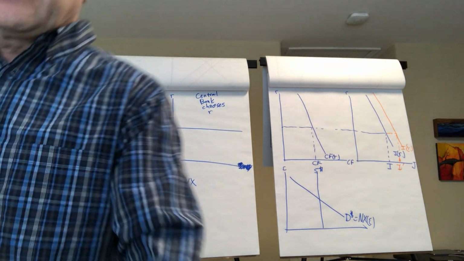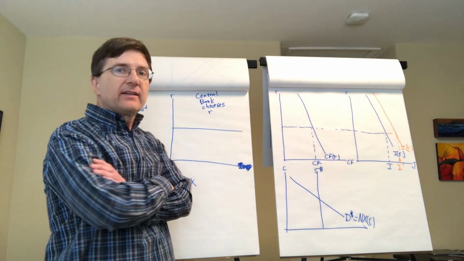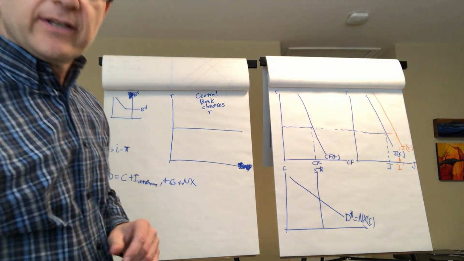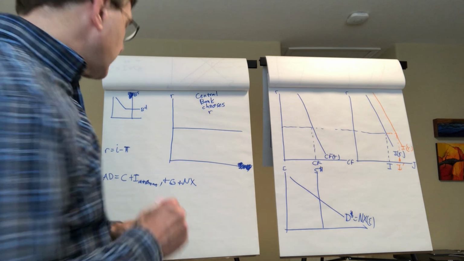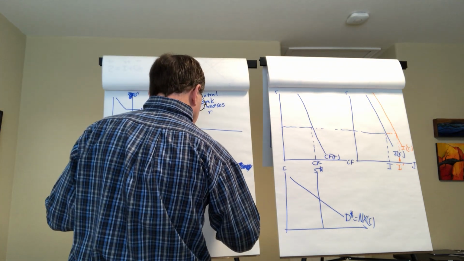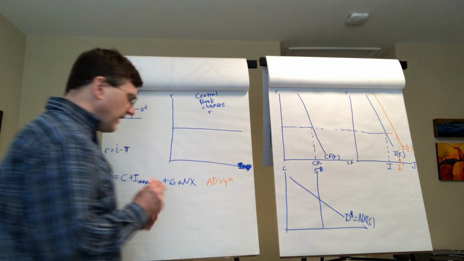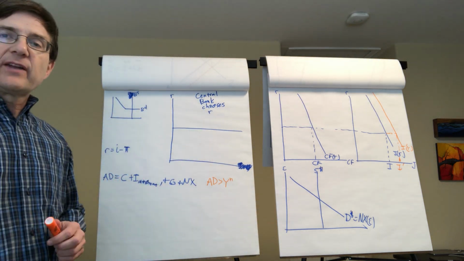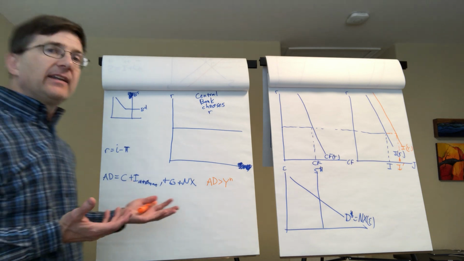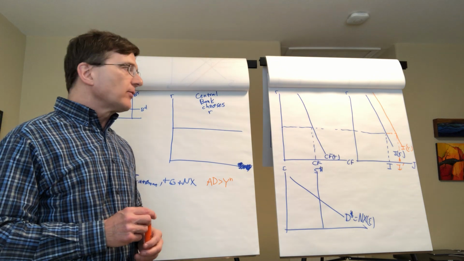Now, the Fed ought to say, wait a minute, the natural level of output is still the same. So in this new situation, we've got aggregate demand greater than the natural level of output. And so what will the Fed want to do? The Fed will want to raise the interest rate to bring aggregate demand back down.